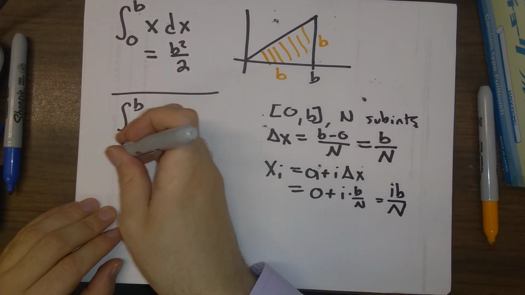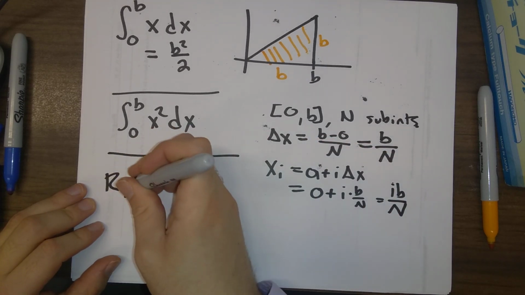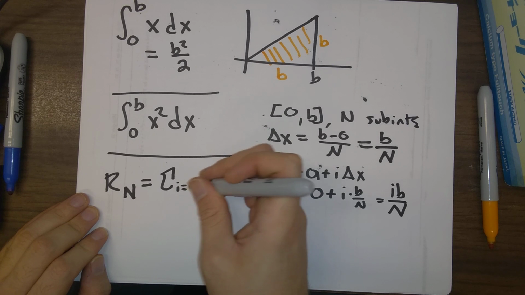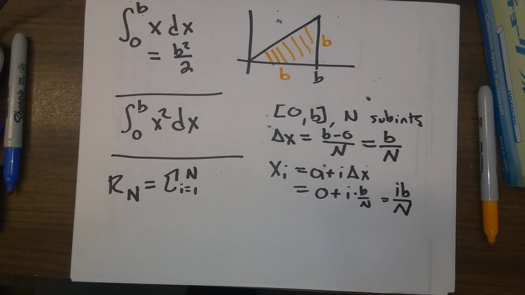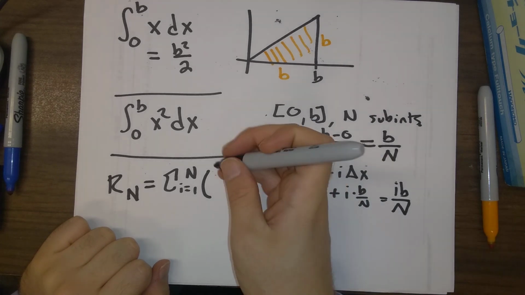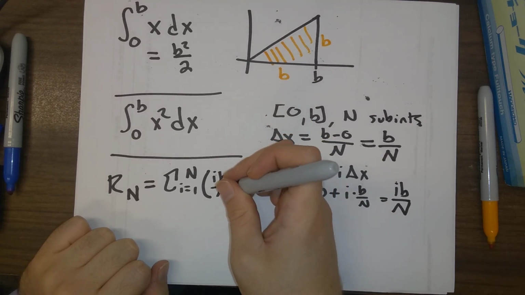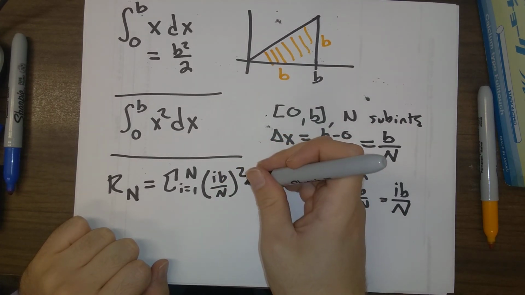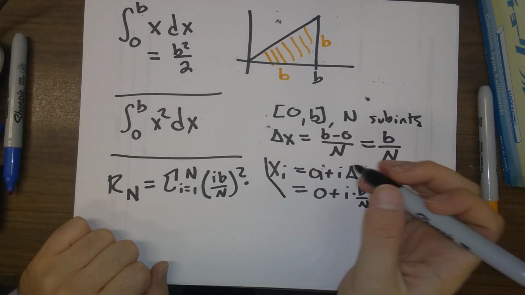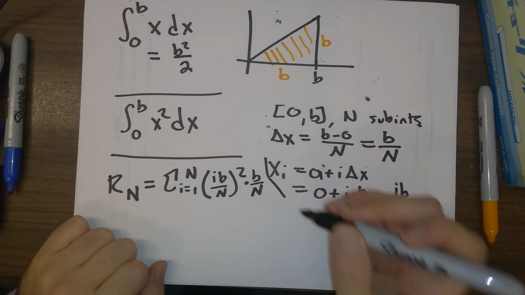And so our approximation, R sub n, is the sum from i from 1 to n of, we plug in ib over n into our function, (ib over n) squared, and we also have to multiply by delta x, which is b over n.